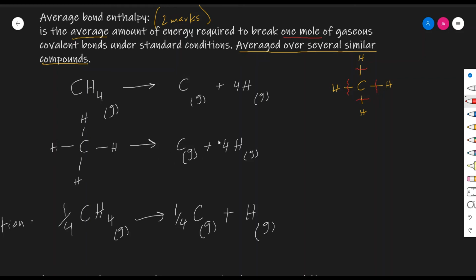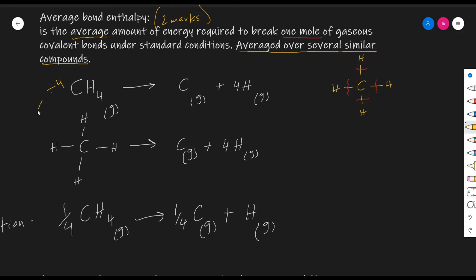As displayed here, this is the drawing. If I was to write an equation to represent the average bond enthalpy, since this represents 4 C-H bonds, I would divide this equation by 4. This equation is divided by 4 so that it represents 1 C-H bond.